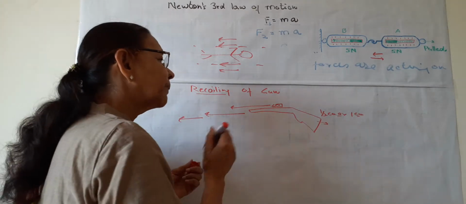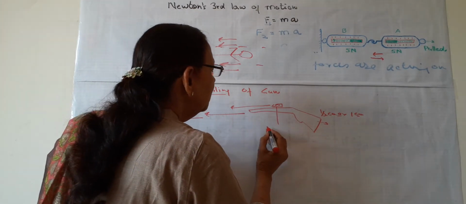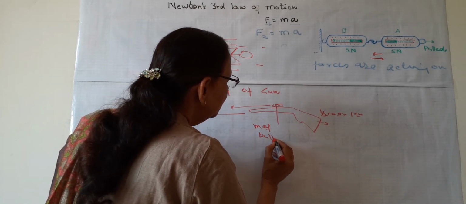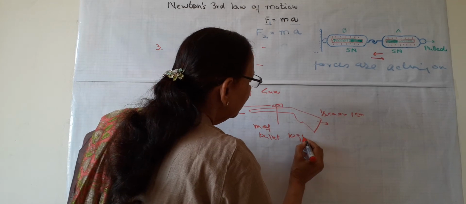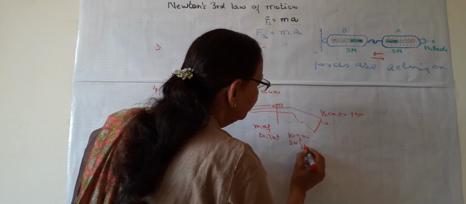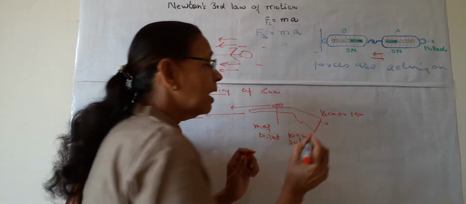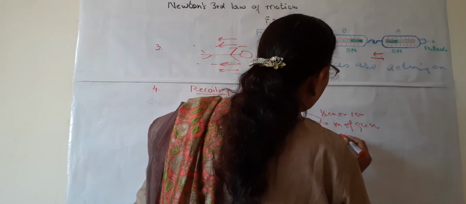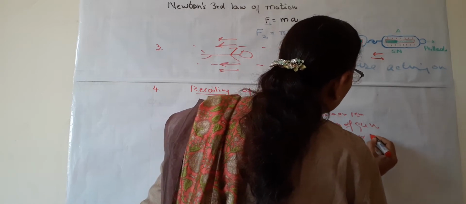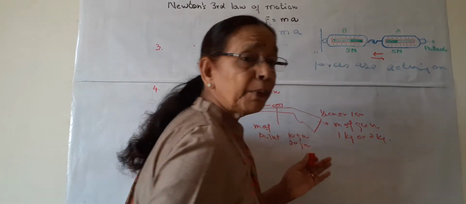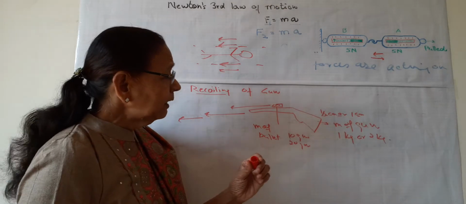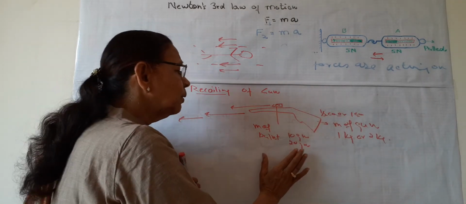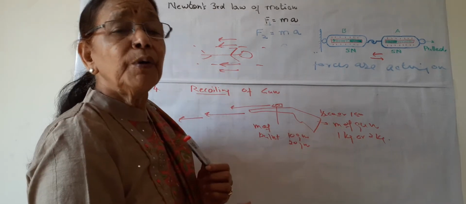Why is this so? Again, the same thing: the mass of the bullet is very less, about 10 grams or 20 grams, and the mass of the gun must be about 1 kilogram or 2 kilograms or more, depending upon the type of the gun. So this mass is very much more than the mass of the bullet.